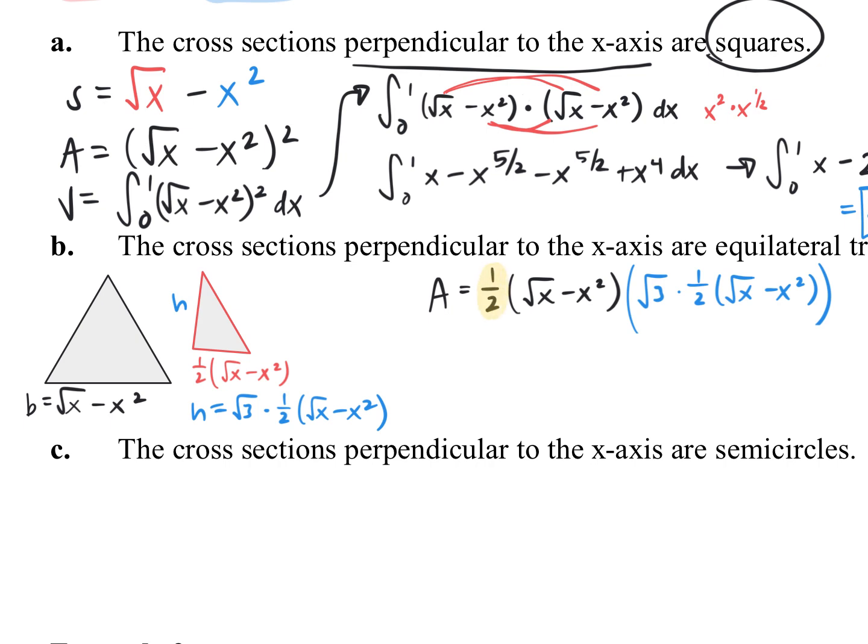So I've got 1/2 times 3 times 1/2. I'm gonna pull all of those constants out in front. Oh wait, if I pull out 1/2 times the square root of 3 times 1/2, I would get the square root of 3 over what? Square root of 3 over 4.